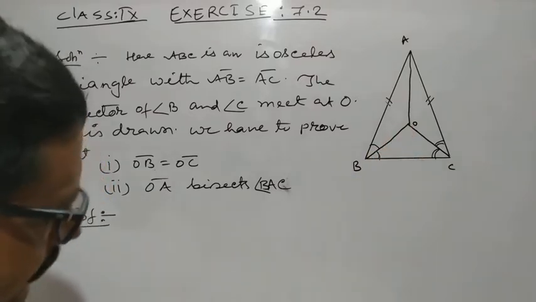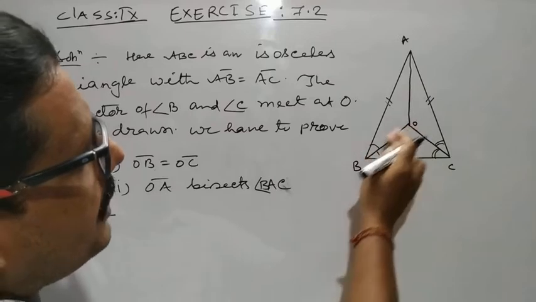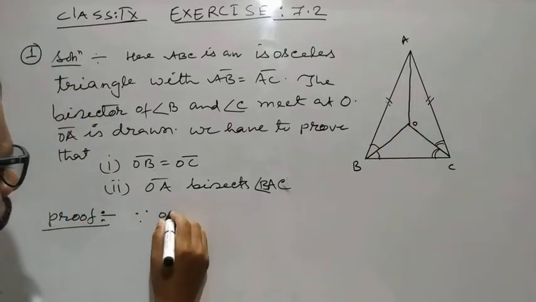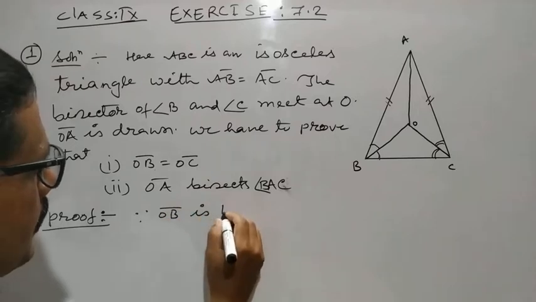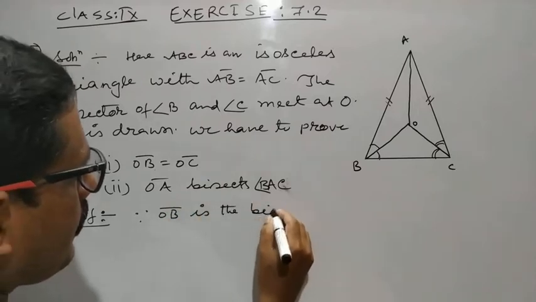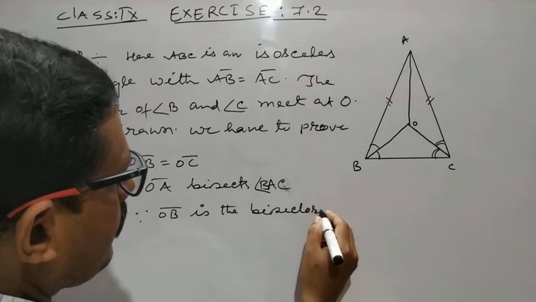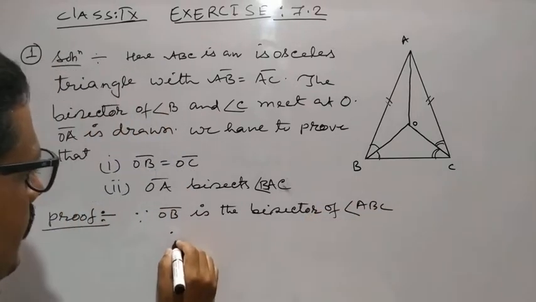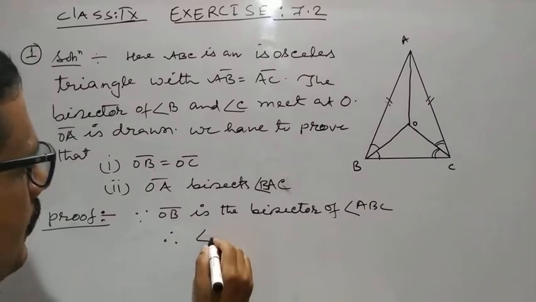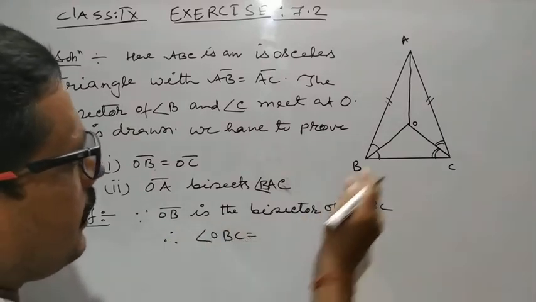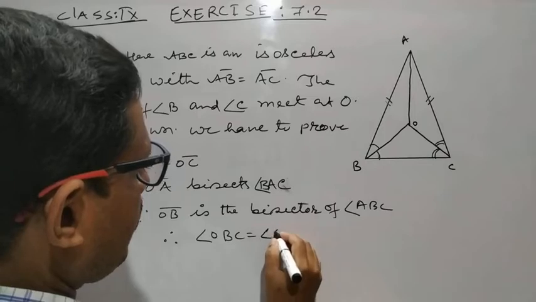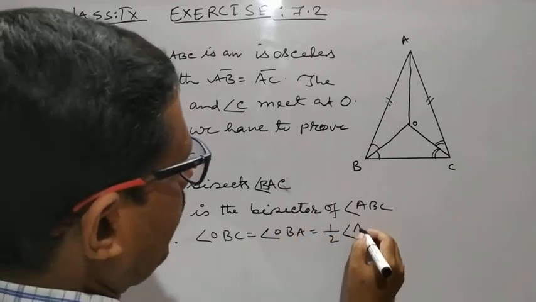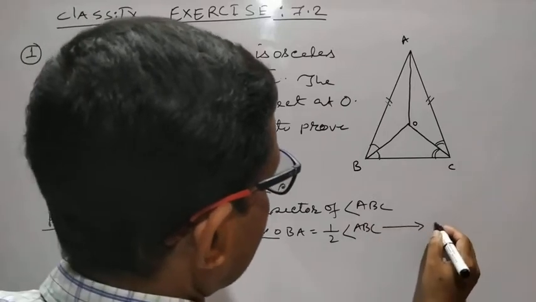So now you see here, OB is the bisector of angle ABC, therefore angle OBC equal to angle OBA, and that will be half of angle ABC.